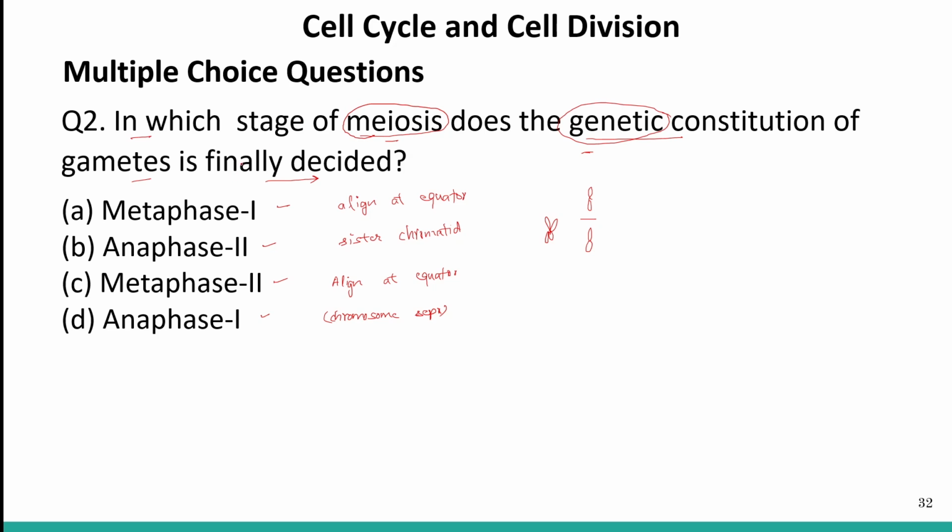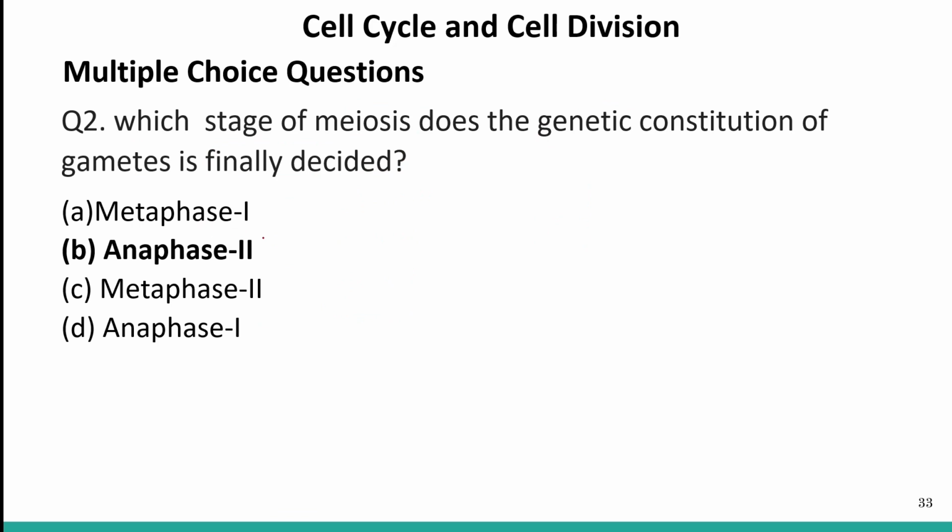Now they are asking, the genetic constitution of the gametes is finally decided. Which should be the answer? The answer should be anaphase 2, because in anaphase 2 the sister chromatids finally separate, and then we have the telophase, and after cytokinesis we have 4 cells. Initially we had 1 cell which divided into 2 cells, if the organism was diploid.